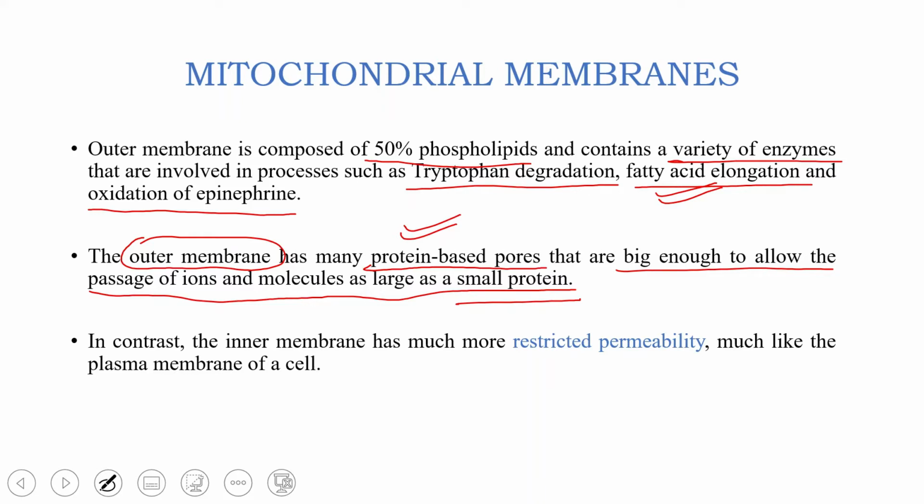In contrast, the inner membrane has much more restricted permeability. That means it does not allow most of the ions or most of the molecules. It allows only certain types of molecules, similar to the plasma membrane of the cell.